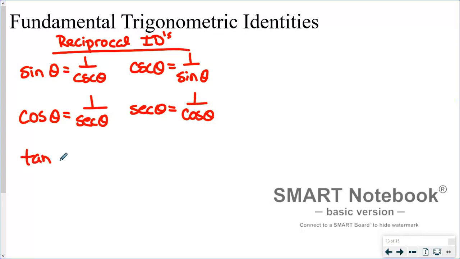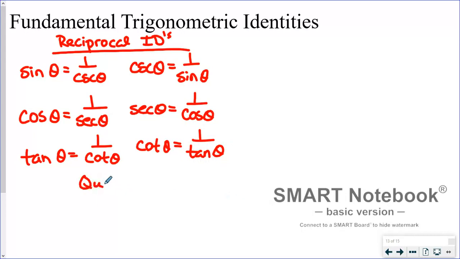And tangent of theta is equal to 1 over cotangent of theta, so, of course, cotangent of theta is equal to 1 over tangent of theta. Those are our reciprocal identities, which we already know. Then we have what's called our quotient identities.